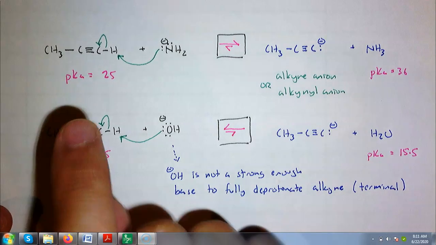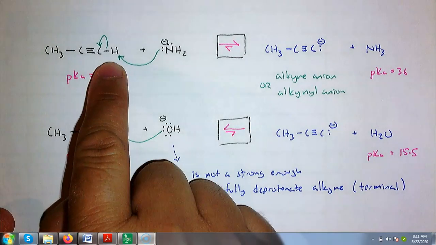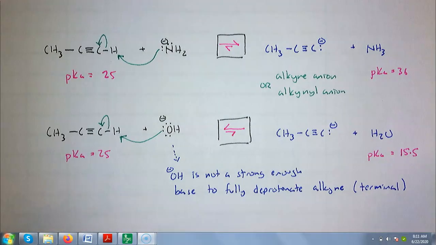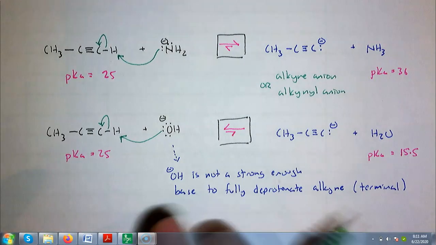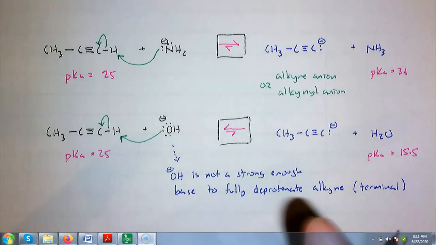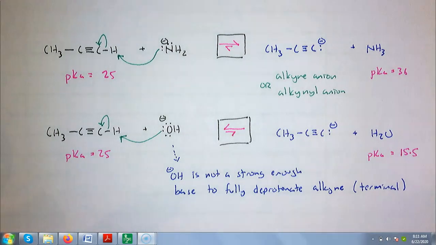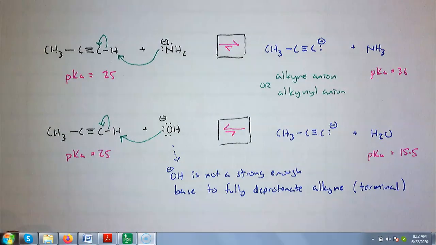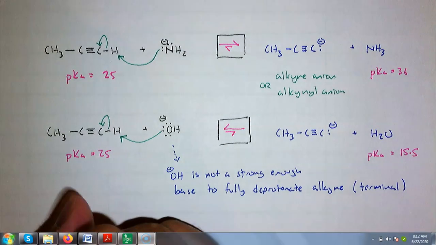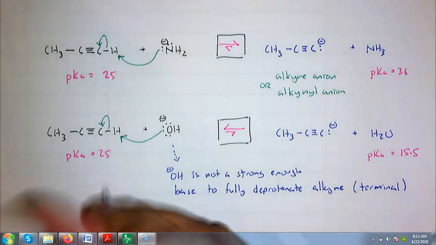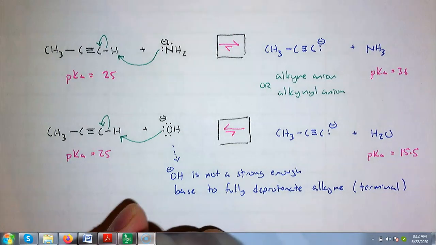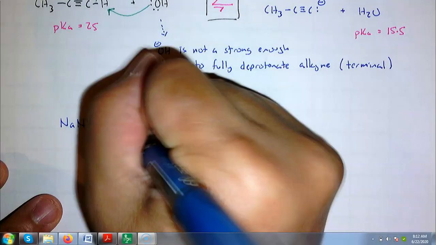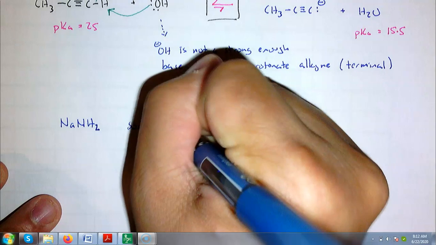When we have to deprotonate an alkyne, or even when we have to do reactions that use a base, we'll see that we can do elimination to make an alkyne in the next video. You want to use NH2-, but it's going to be seen most likely in the chemical storeroom or on an exam as NaNH2. It's called sodium amide.